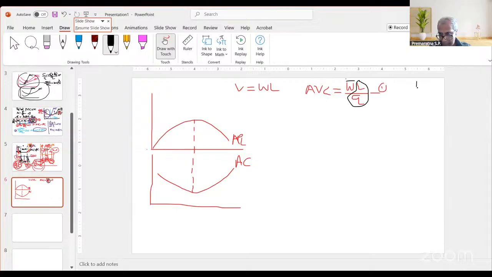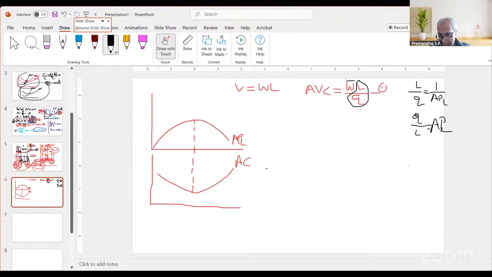That is L divided by Q. No specific meaning, but you know Q divided by L. We did that right now also. That is the average product of labor. Which means L divided by Q is equal to 1 divided by APL. Now you understand that thing.